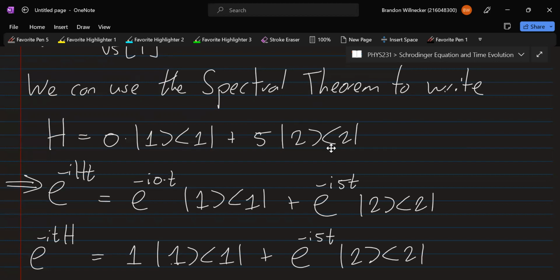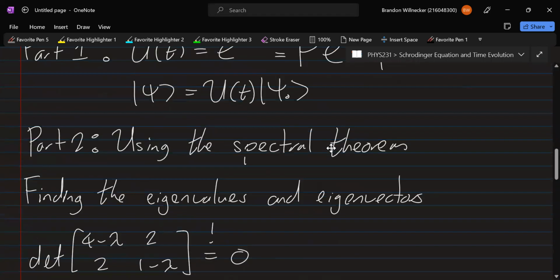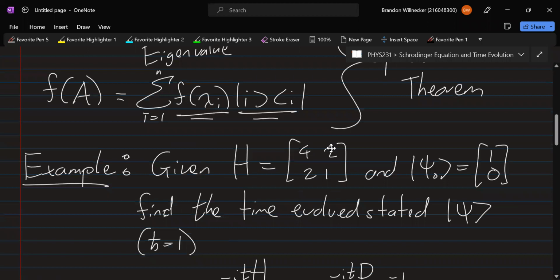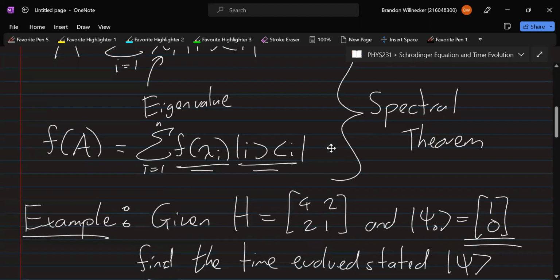Okay, good. So we've got this now. Now we can write this times the state vector, which was, if we go back up here, (1, 0). Okay, so now there's two ways of continuing from here. We can either substitute the matrix form of those projectors and then do matrix multiplication.